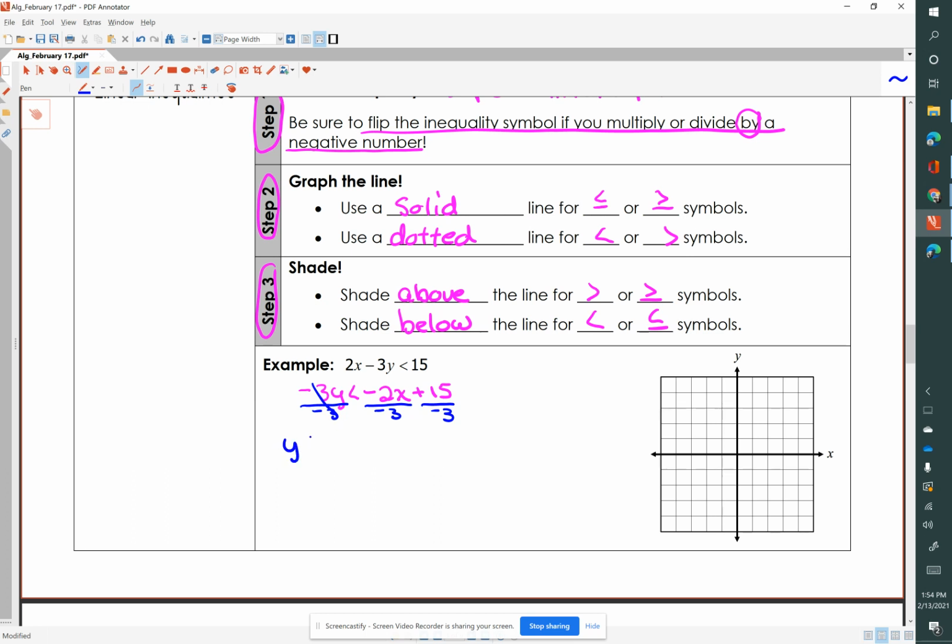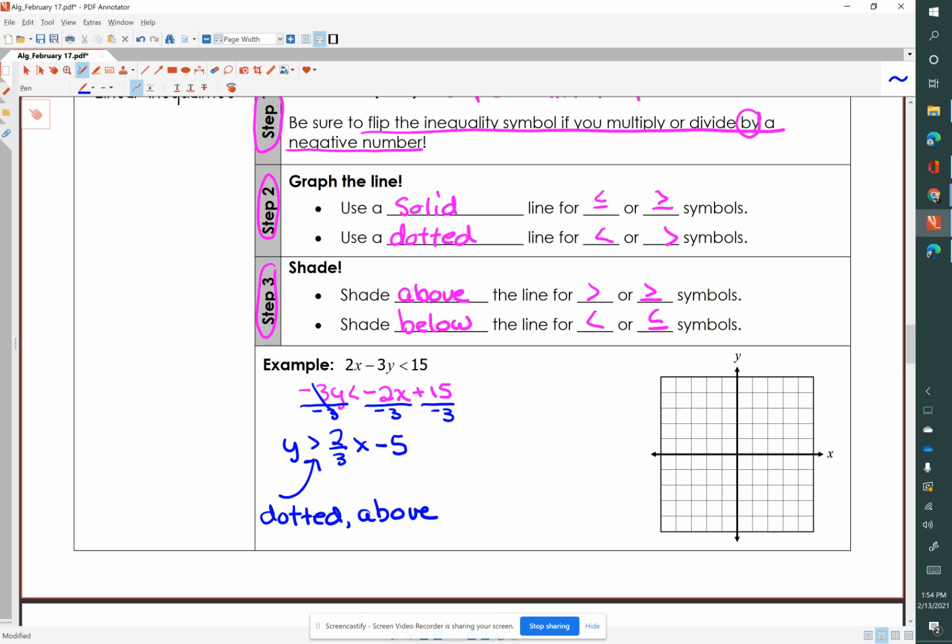Now we divide by a negative, so we flip that inequality: y is greater than 2/3 x minus 5. So we have a greater than symbol, which means we will have a dotted line, and we will shade above the line when we graph this.